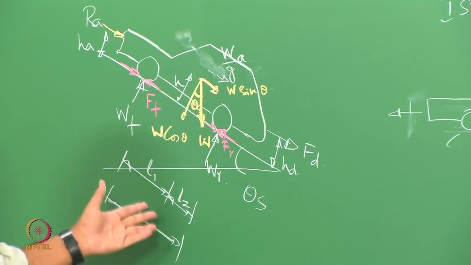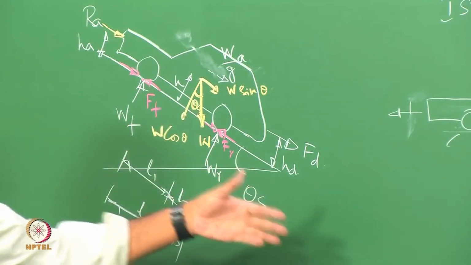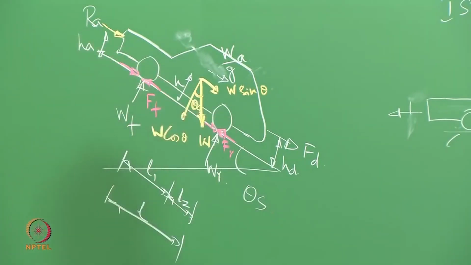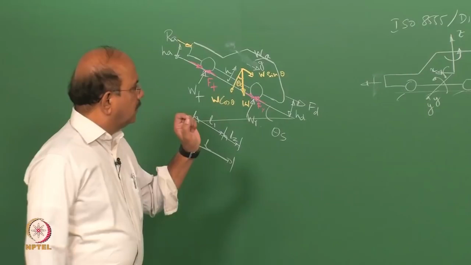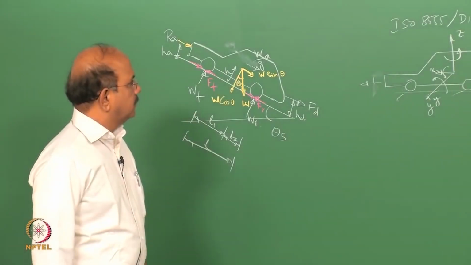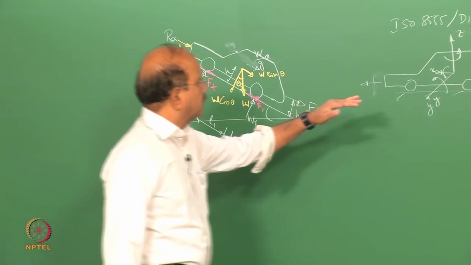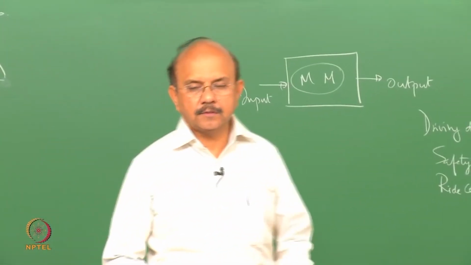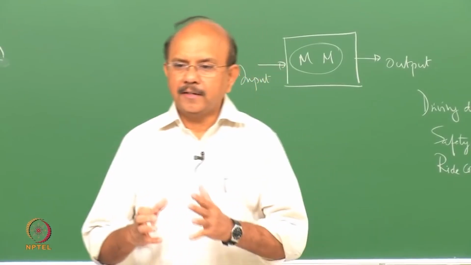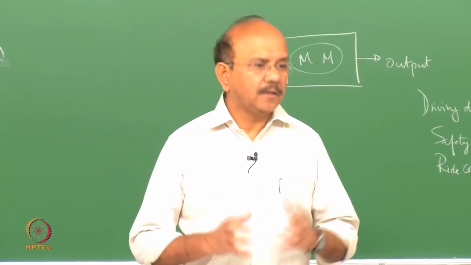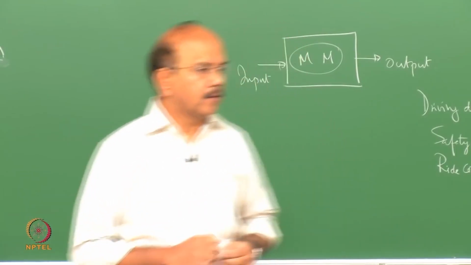In other words, WF into L is equal to whatever the moments are due to the other things. But before we go further, there are two comments that are important to us. One is the system that we are going to use in this course, the X, Y and Z directions.